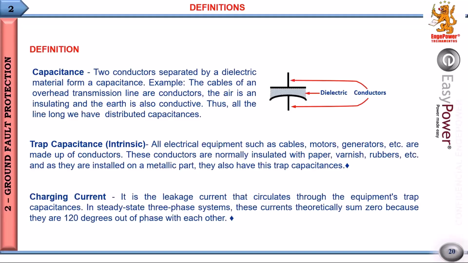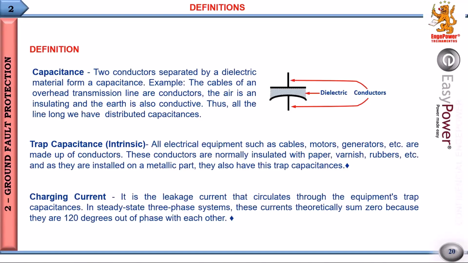Okay, when you have a medium voltage cable, you have the same. You have the conductor, the insulation, the shield. For low voltage, you have the conductor, the insulation, the infrastructure. For electrical machines, you have the wire of the winding, the insulation, and the stator of the machine.